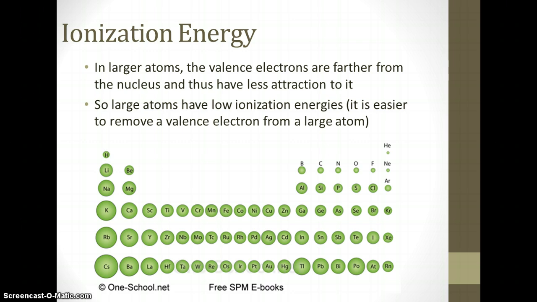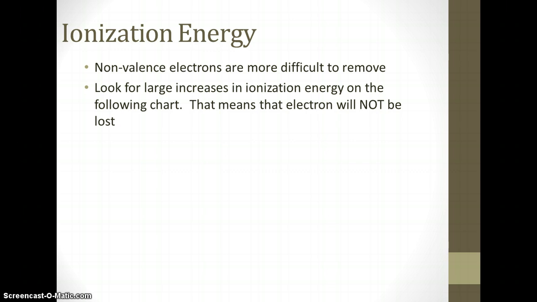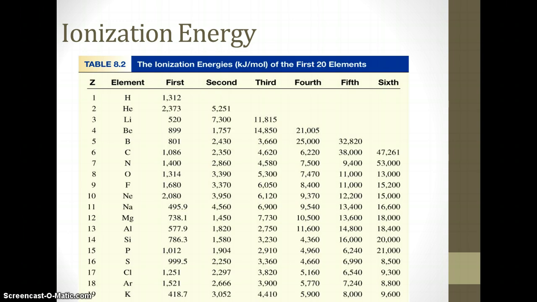Let's take a look here at a chart that's going to show us the ionization energy. What we're going to be looking for is big jumps in ionization energy, large increases from one level to the next. All right, so let's take a look. In this table, let's take a look at lithium.